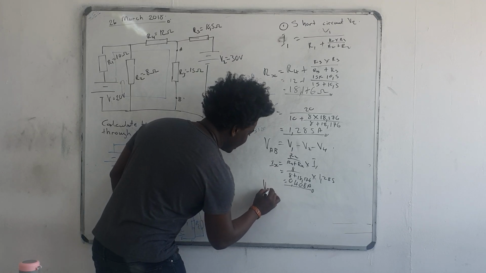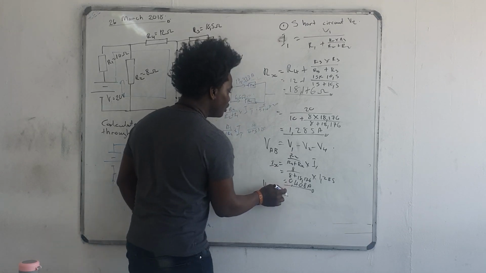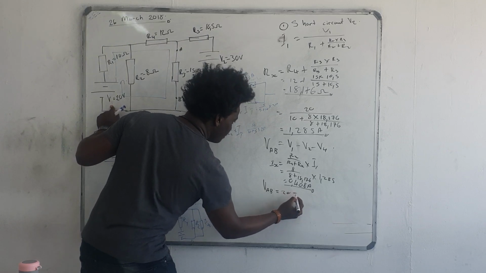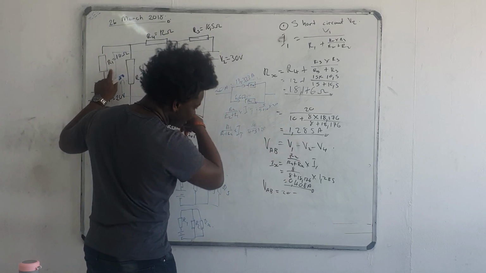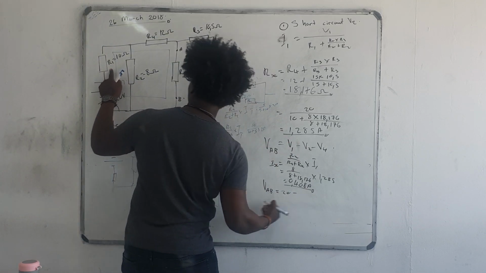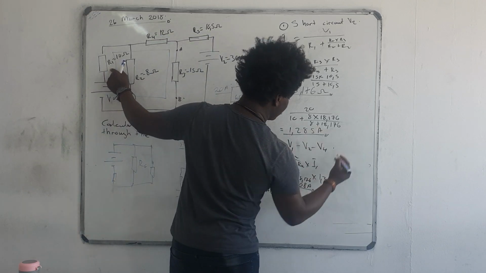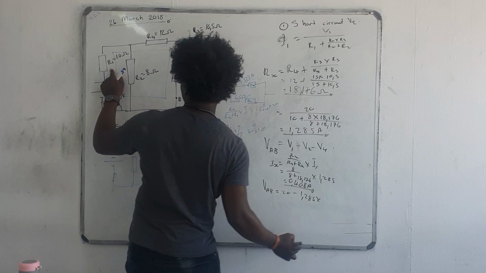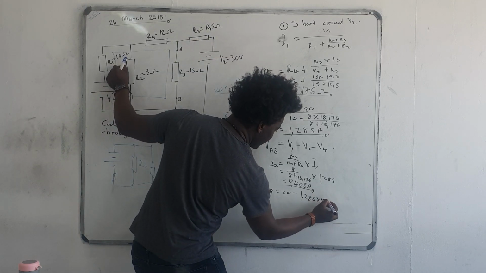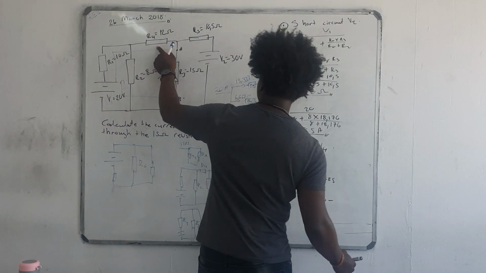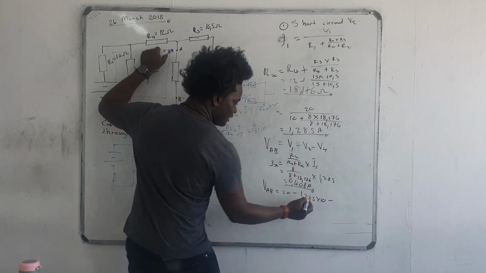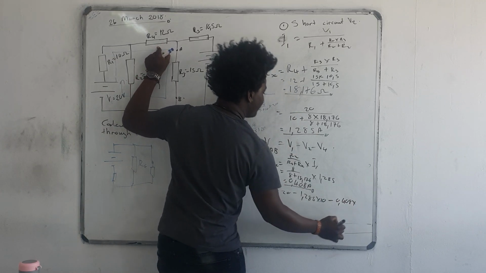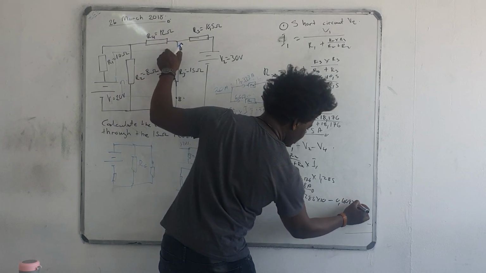So now let's proceed with this formula. VAB is equal to V1, which is 20, minus V2. V2 is the current flowing through here, the total current 1.285, multiplied by the resistance here, which is 10, minus the current there, which we've calculated to be 0.408, multiplied by the resistance here, which is 12.